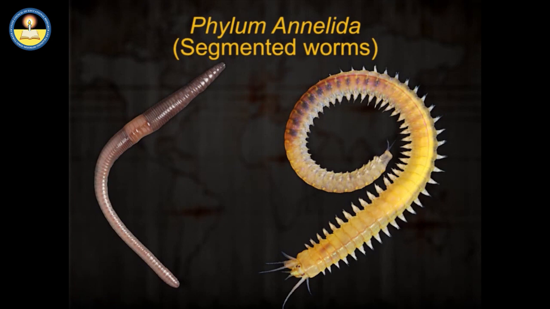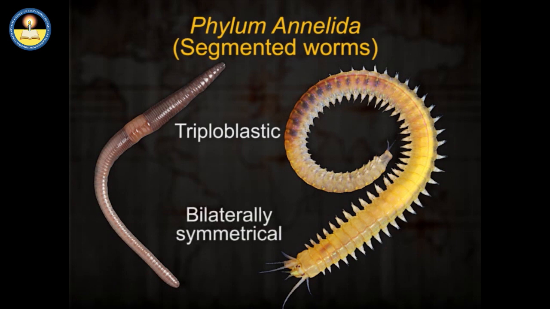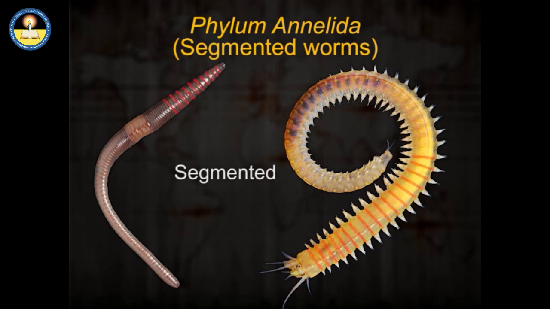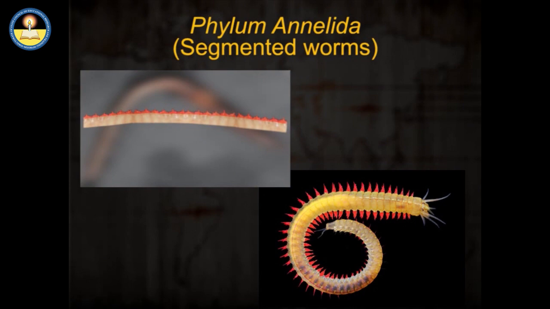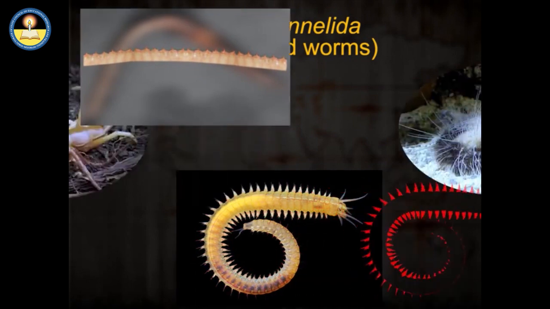Phylum Annelida, segmented worms. They are triploblastic and bilaterally symmetrical. The body cavity is a true coelom and is segmented. In some of these organisms, appendages like setae and parapodia are present for movement.